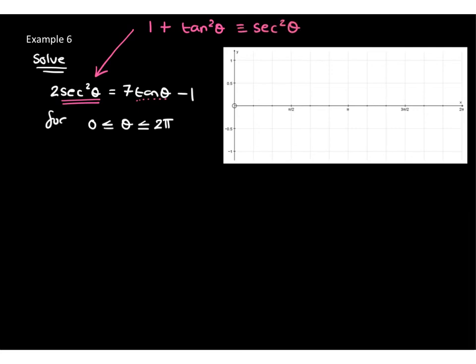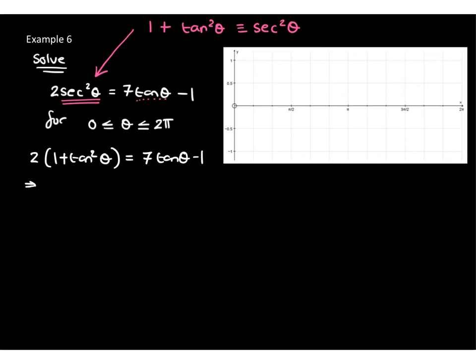So this tells me that I can replace sec squared theta with 1 plus tan squared theta. And you need to spot the connection between sec and tan. It's a very, very common sort of question.